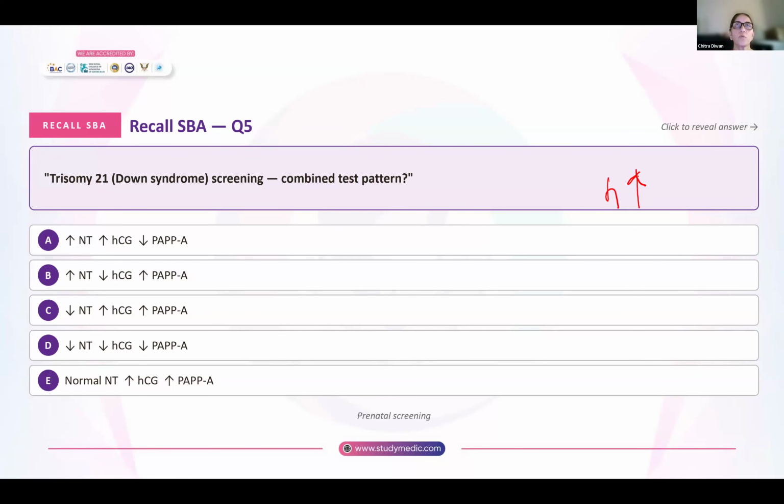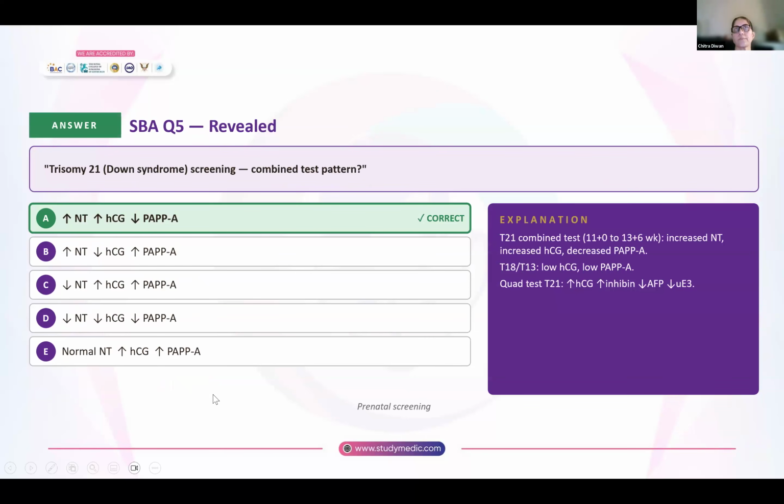And of course, you have to look at the nuchal translucency. Wherever the nuchal translucency is increased, there is increased risk of trisomy. Wherever it is normal or decreased, it is definitely not Down's. So C, D, and E are out of question.